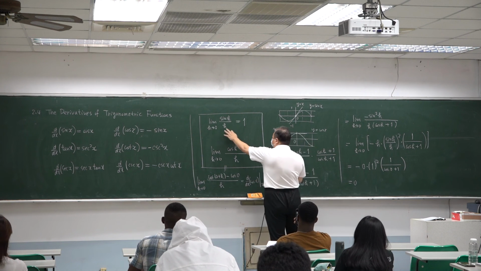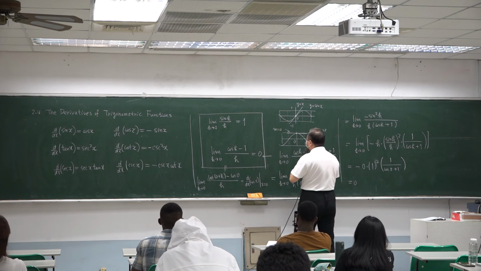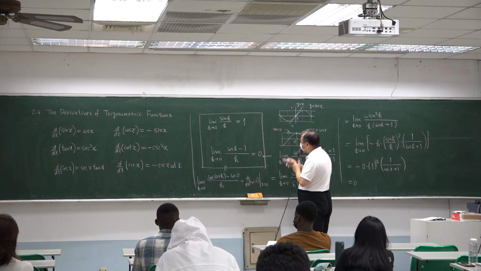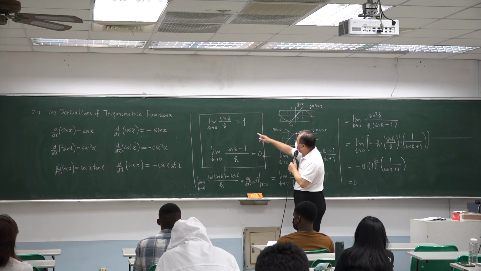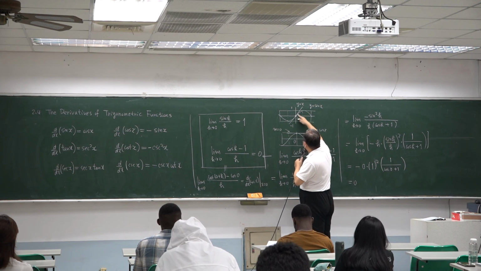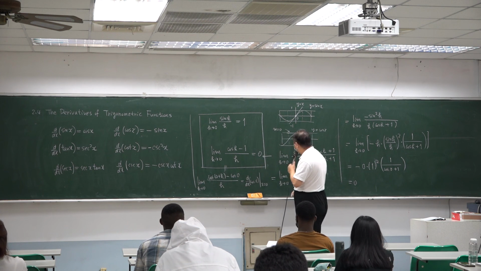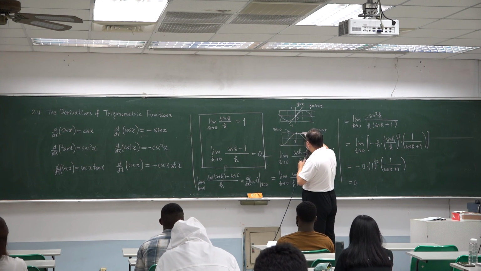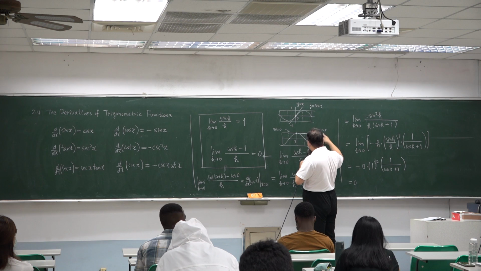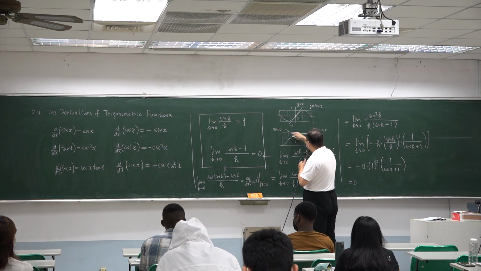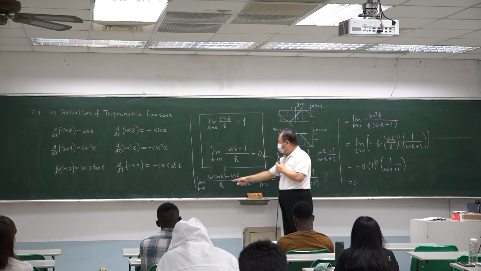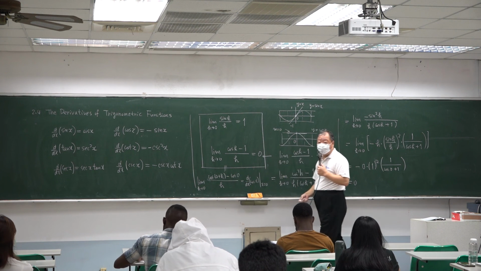So the first limit is the slope of the curve at the origin. And the second limit, 0, is the slope of the tangent to this curve at x equals 0. Okay.